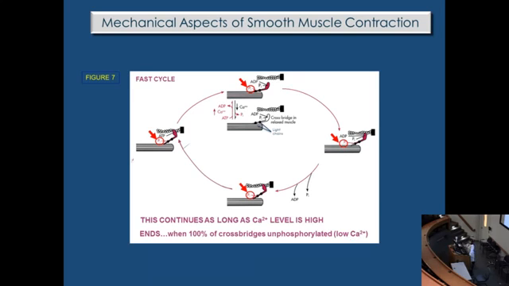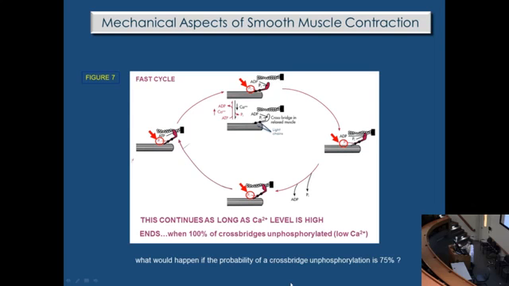So now you can put everything in context, I guess, because of this cartoon. So we are talking here about a fast cycle. But as I said before, there is a high probability that the myosin gets unphosphorylated, right?